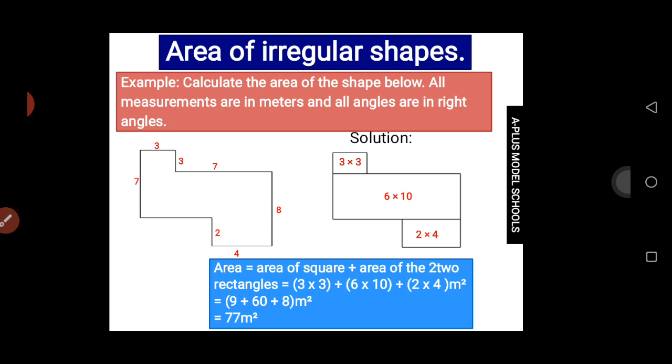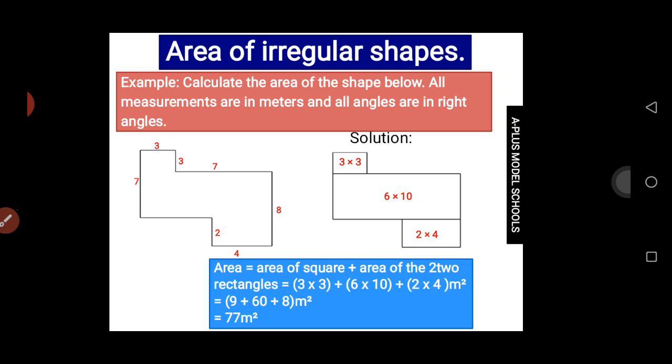And we also looked at the formula for finding the area of a parallelogram, where we said the formula for finding the area of a parallelogram is base times height. And the formula for finding the height of a parallelogram is area divided by the base. And the formula for finding the base of a parallelogram is area divided by the length.